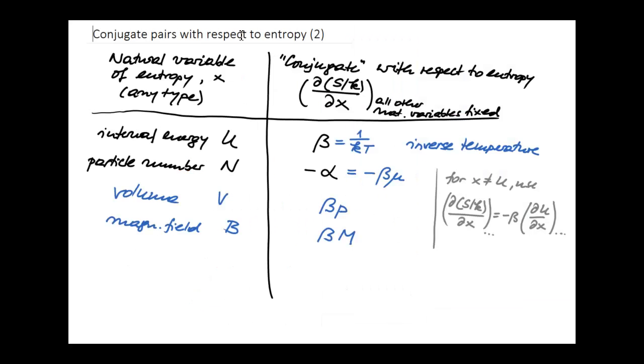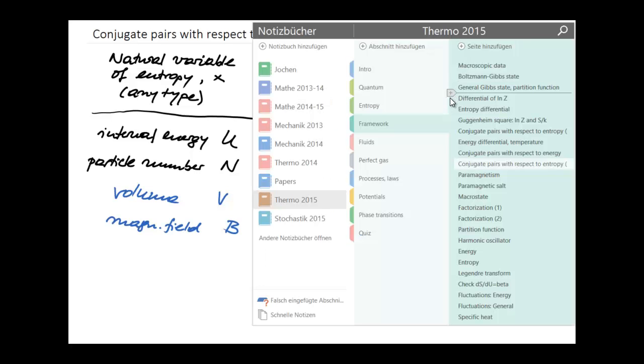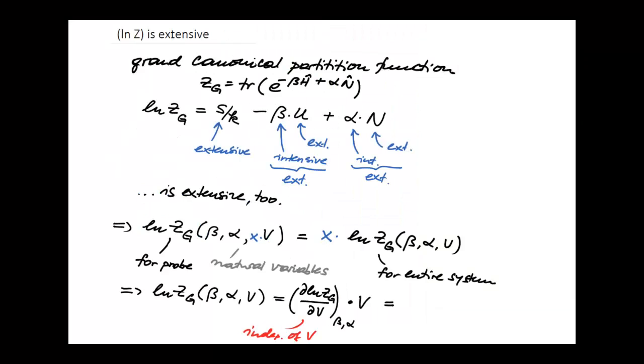And what is the partial derivative of the entropy with respect to v? This, we learn from this table, is beta times the pressure. So in fact, we can say that this partial derivative in front of the v is actually equal to beta times the pressure times v.